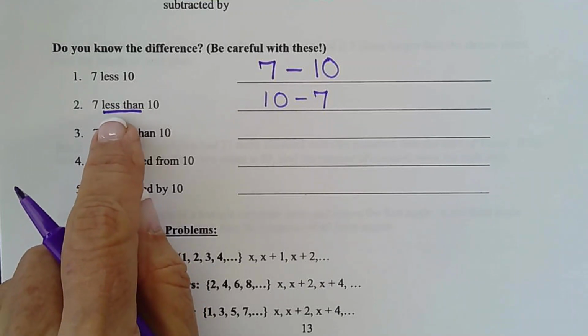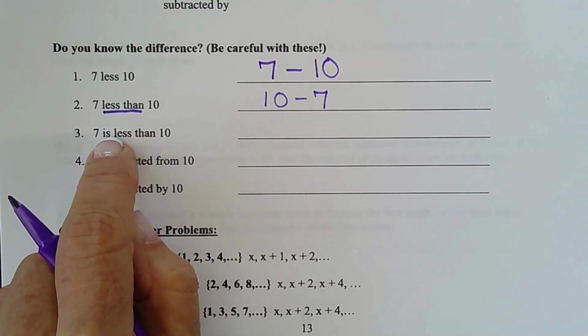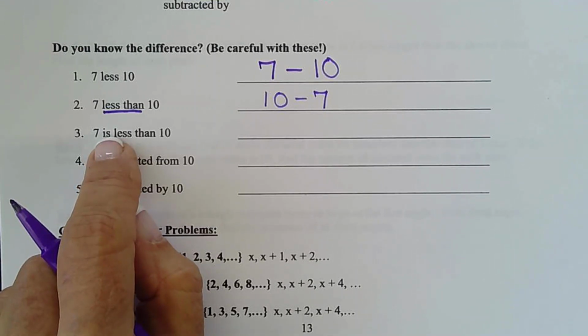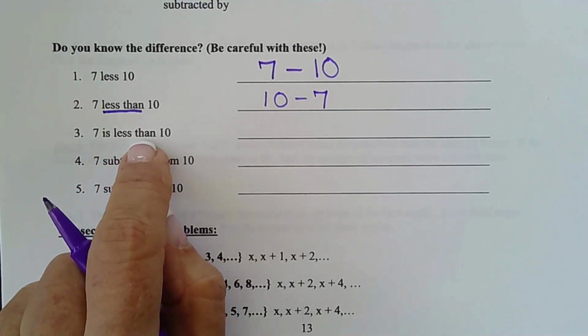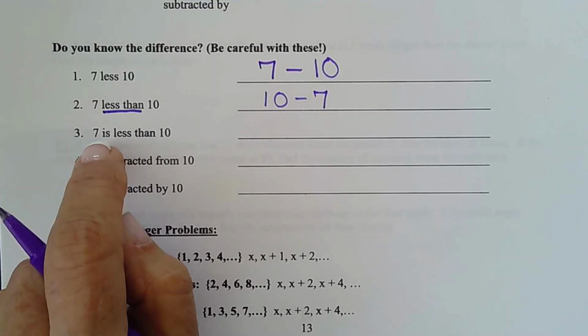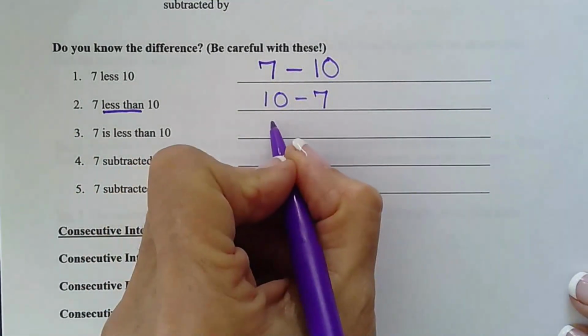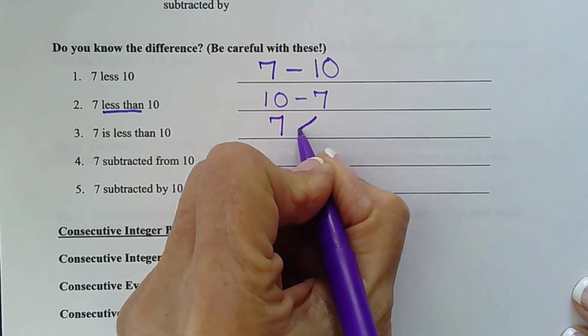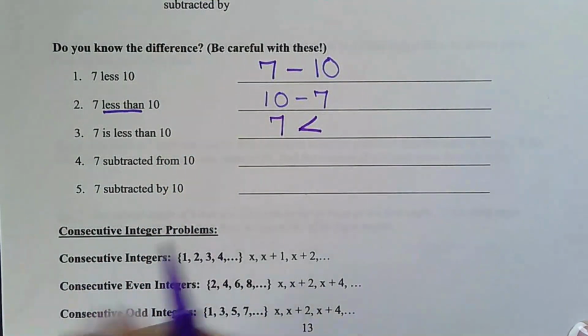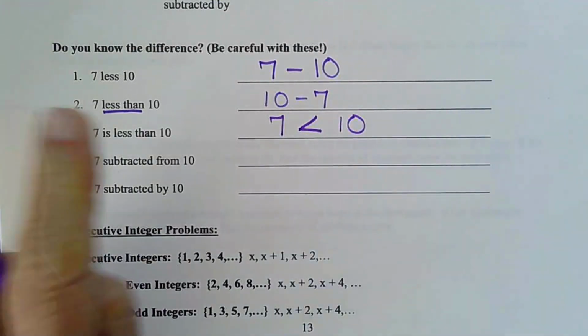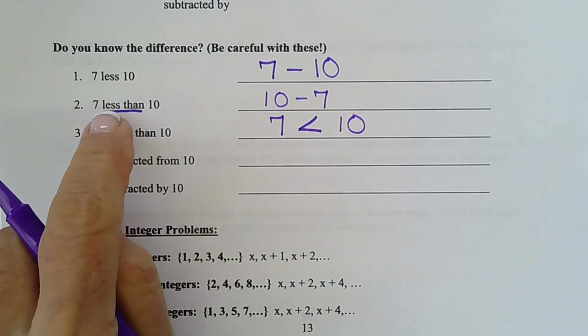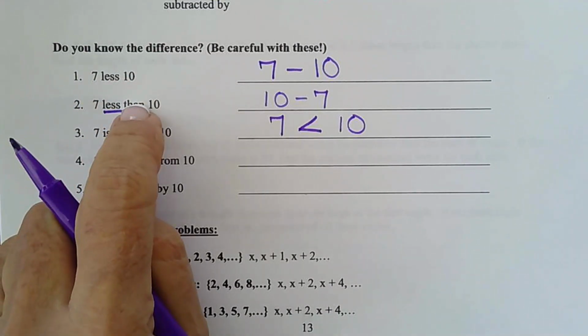Okay, so now let's change that one with just a tiny word added. Whole different ball game. Is less than, we learned, means an inequality symbol as long as all 3 words are uninterrupted. So 7 is less than 10. See what I mean? They add one tiny little word. Here they added the word than.